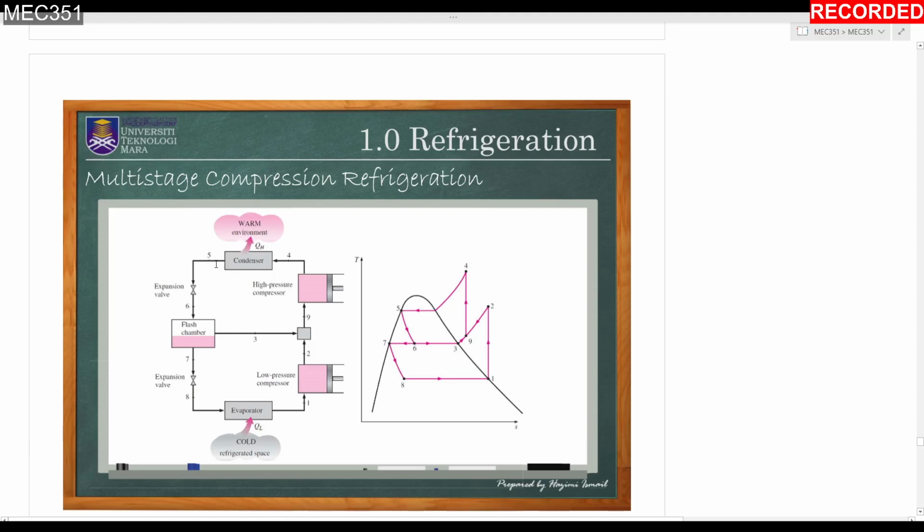And then after it exits the condenser, it will pass through the expansion valve to reduce the pressure.